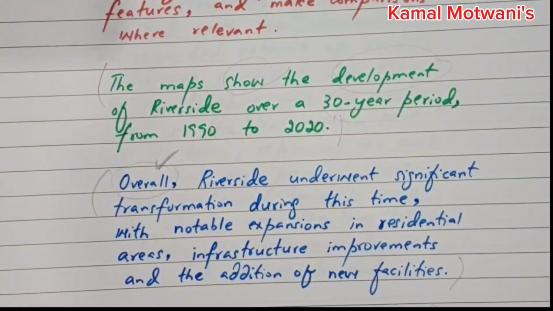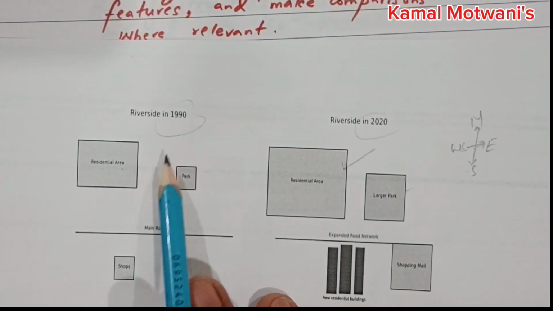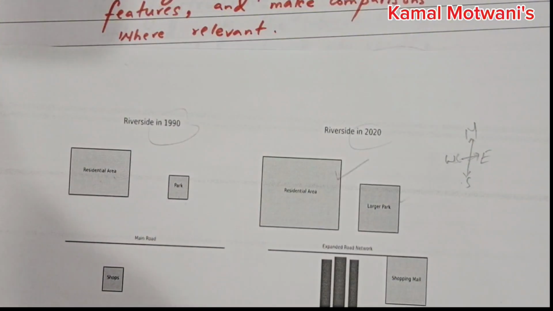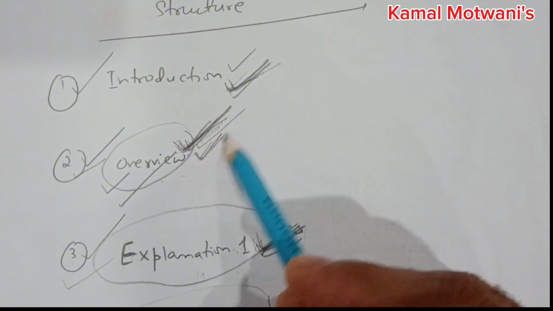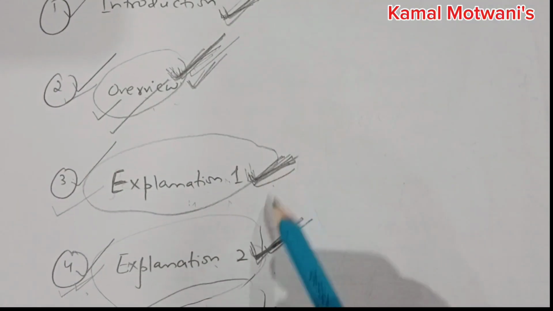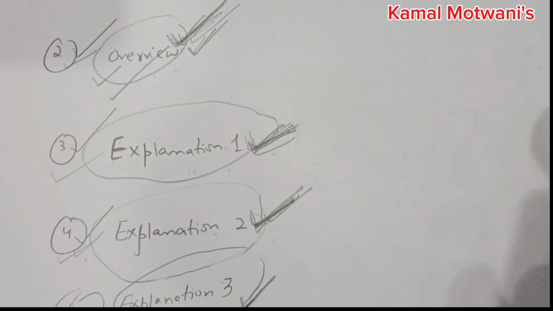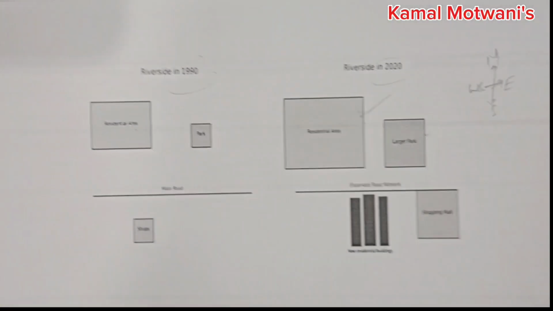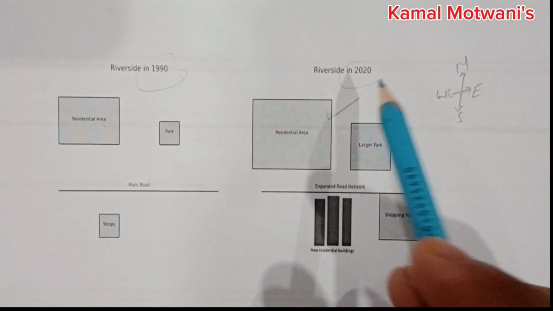It depicts all the major changes from 1990 to 2020. Okay, now after writing the introduction and overview, then comes the turn for writing explanation 1, explanation 2, explanation 3, and so on and so forth. It depends on us. In this map we have two maps, the Riverside in 1990 and Riverside in 2020.